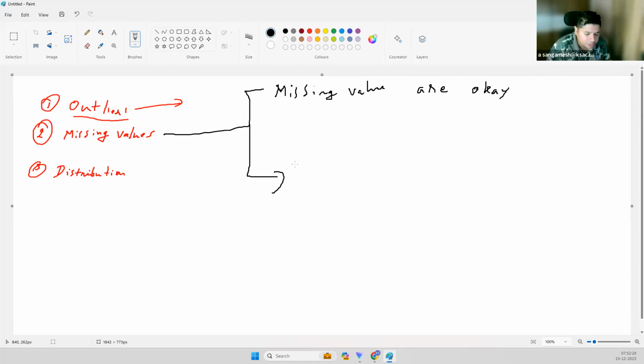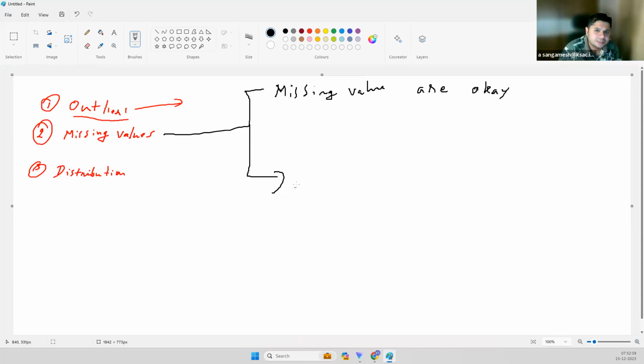I can name those machine learning algorithms as well. If you have a decision tree algorithm, and some amount of missing value, it's okay. It's going to understand things. Similarly, if you have machine learning algorithms like linear regression and you have missing values, it will go crazy. It will do all types of dancing.